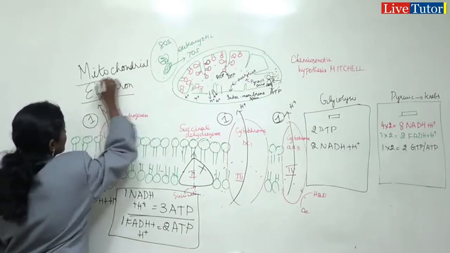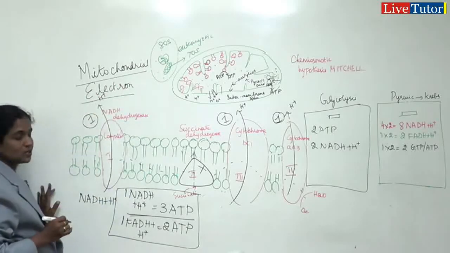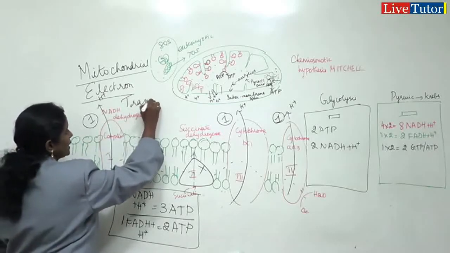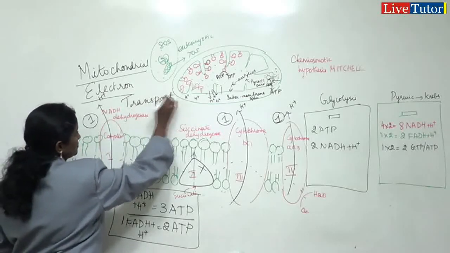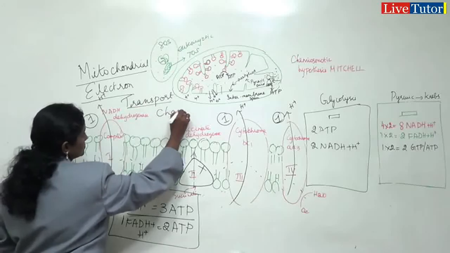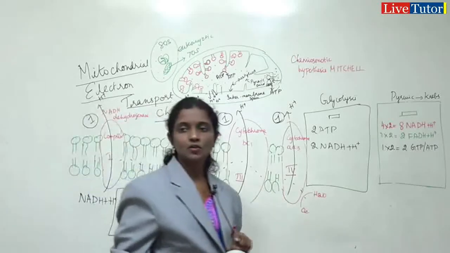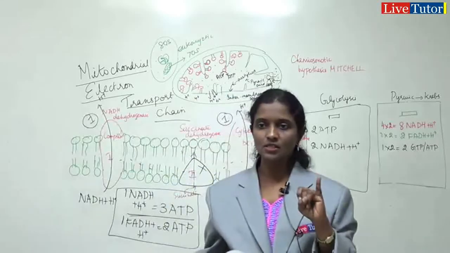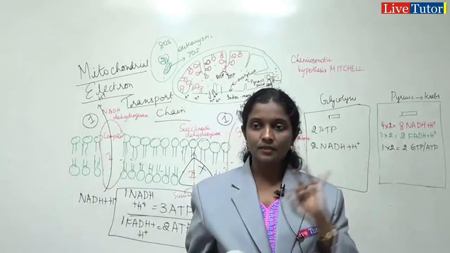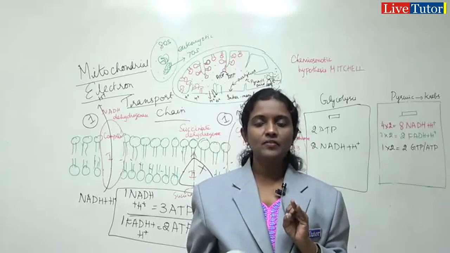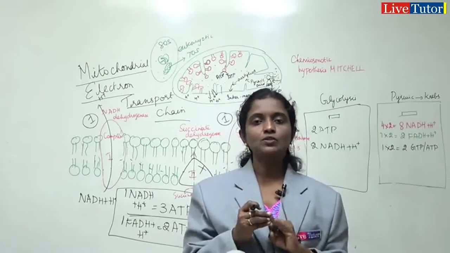Initially we saw glycolysis, second we looked at the Krebs cycle, and now the last step is the mitochondrial electron transport chain. We started with glycolysis, went to the pyruvic acid to acetyl-CoA step, then the cyclic reactions of the Krebs cycle.